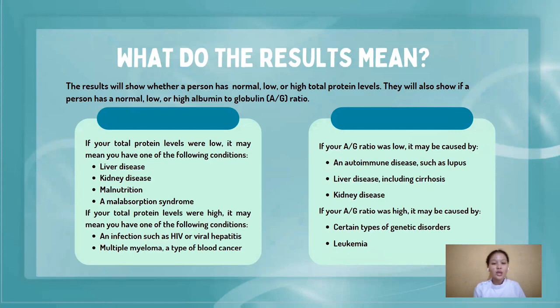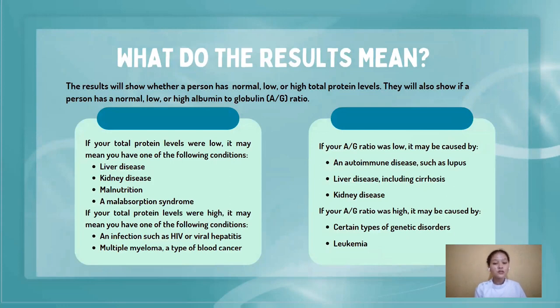malabsorption syndrome, a type of disorder in which your small intestine cannot absorb enough nutrients from food. Malabsorption syndromes include celiac disease and Crohn's disease. But when a person's total protein levels are high, it may mean that the person has one of the following conditions: an infection such as HIV or viral hepatitis, or multiple myeloma, a type of blood cancer.